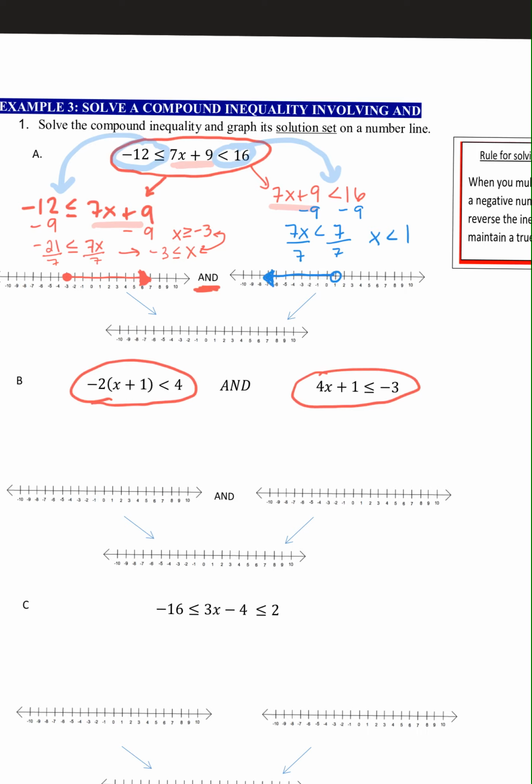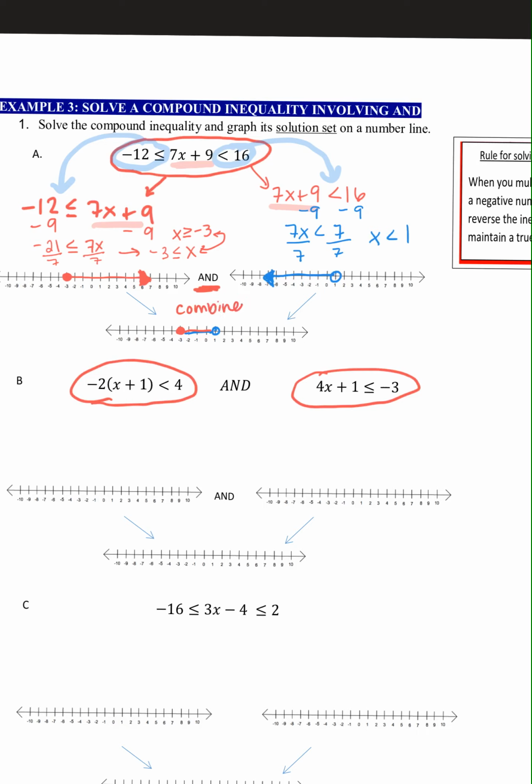Now I need to combine those graphs together. So I'm going to have a closed circle at negative 3, and then an open circle at 1. And then their arrows should overlap, and you only need them to overlap that far, and that's it.